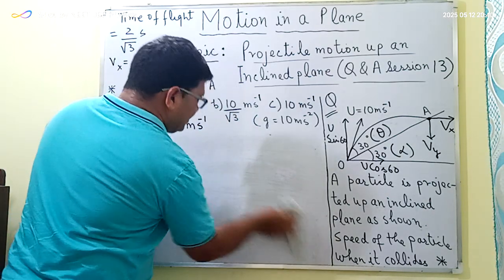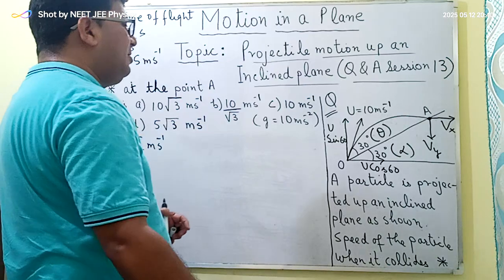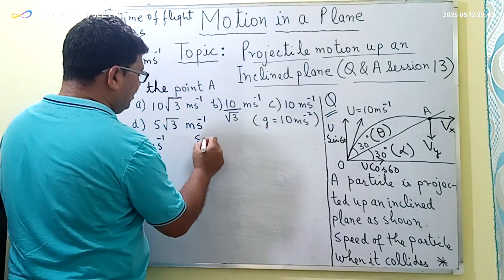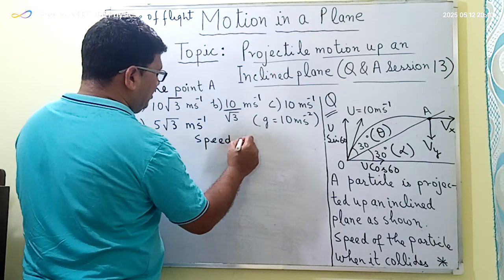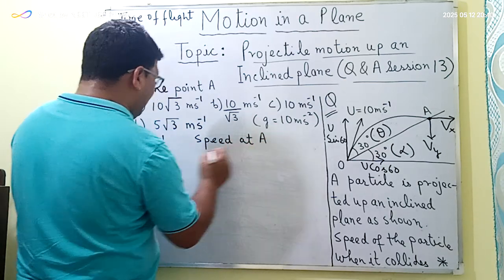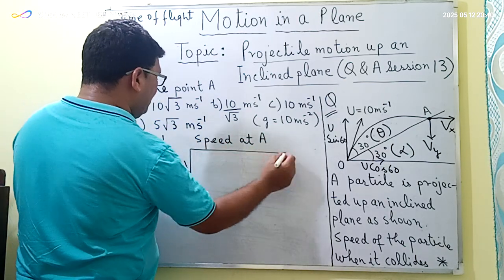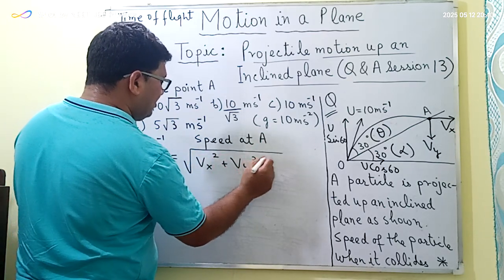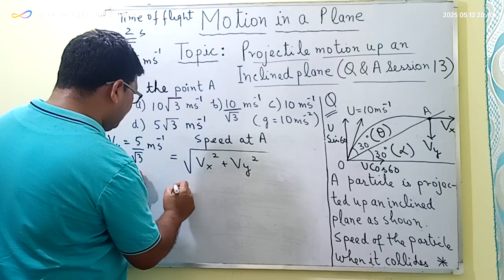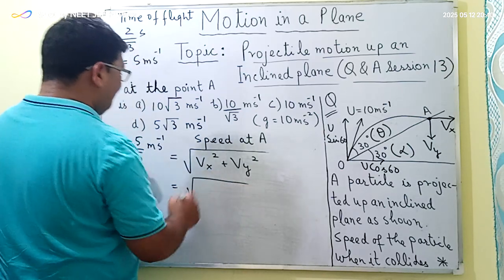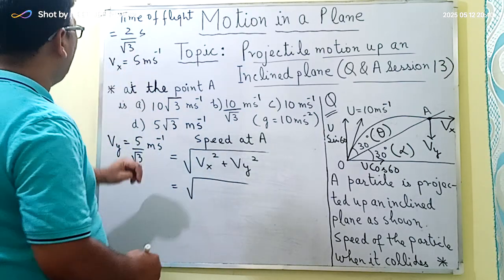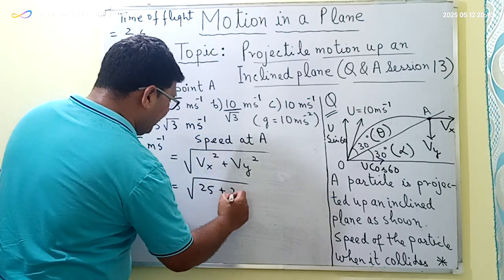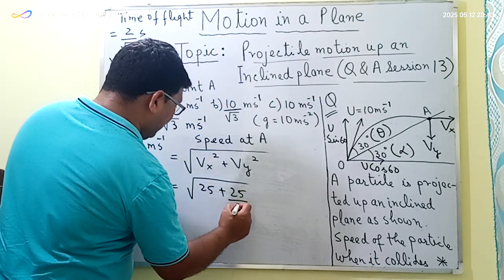So the speed of the particle when it collides with the inclined plane at this point A will be equal to under root of Vx square plus Vy square. Vx is 5 meter per second, so Vx square is 25, plus Vy square is 25 upon 3.